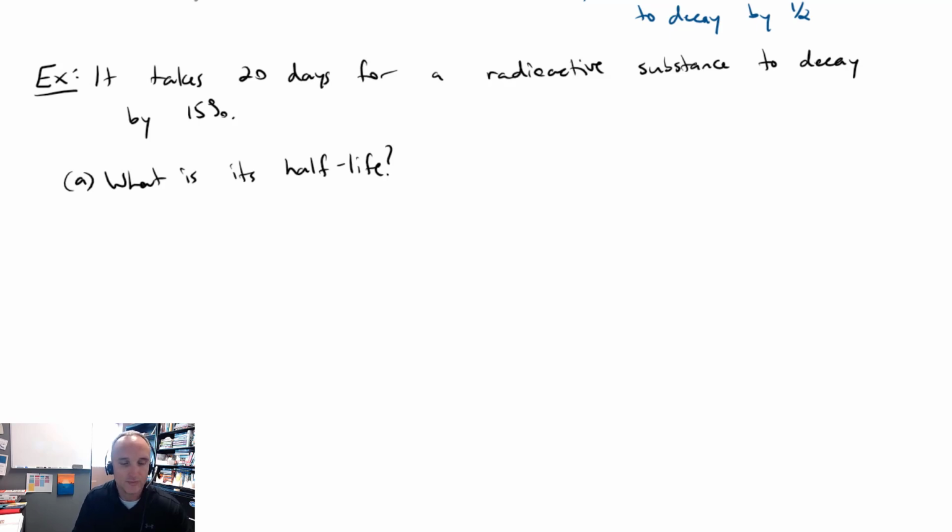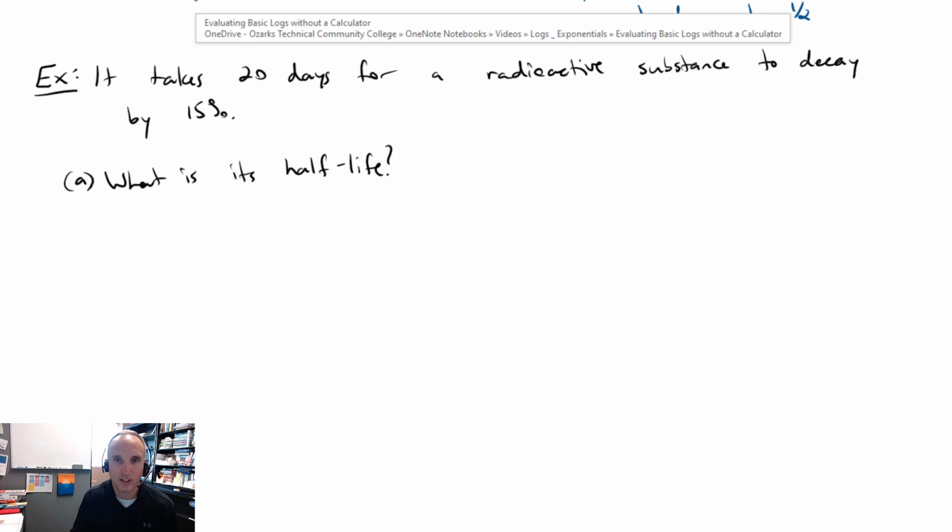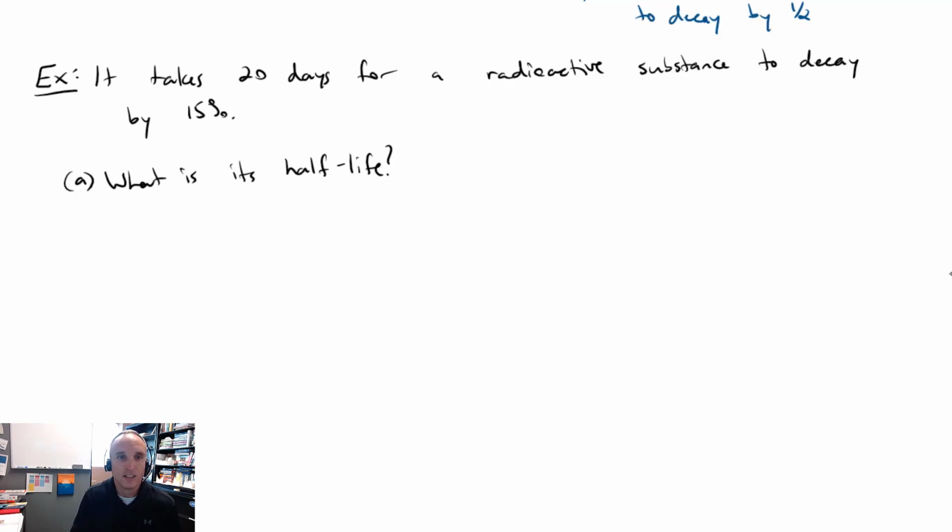And I like to visualize this on a graph. It takes 20 days for a radioactive substance to decay by 15%. So here's the idea. It doesn't matter what we start with, but it decays by 15% in 20 days. So let's say that the vertical axis, the amount of radioactive material, is measured in percent of the substance. Okay?